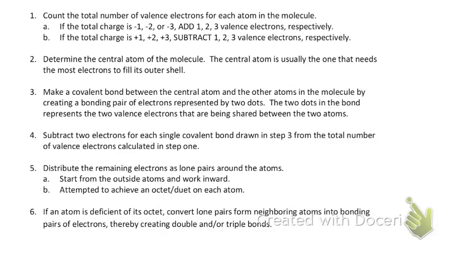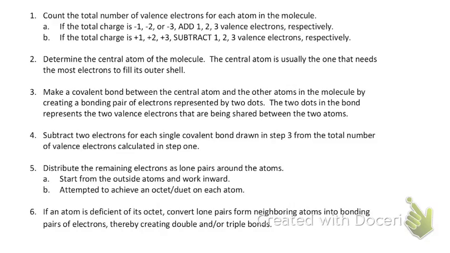Okay. So rule number 1 says count the total number of valence electrons for each atom in the molecule. All right. Simple as that. That's the first thing you always do, is count out the total valence electron number. Then step 2 is you're going to determine the central atom of the molecule.